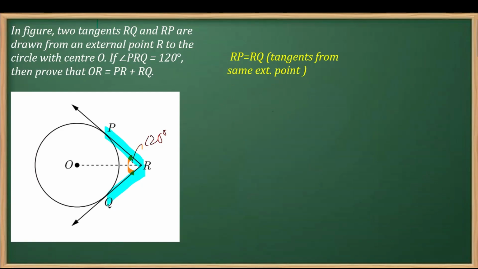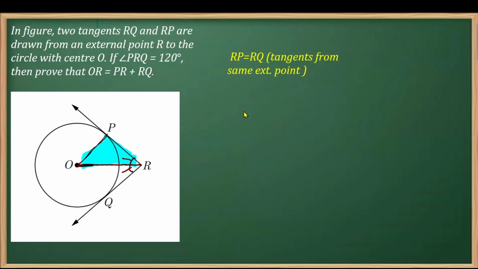Now, in this triangle, let me join the point of contact with the center and consider this triangle. You just need to look into this triangle. What we know is that the line joining the center to the external point of the tangents is the bisector of the angle between the tangents, right?